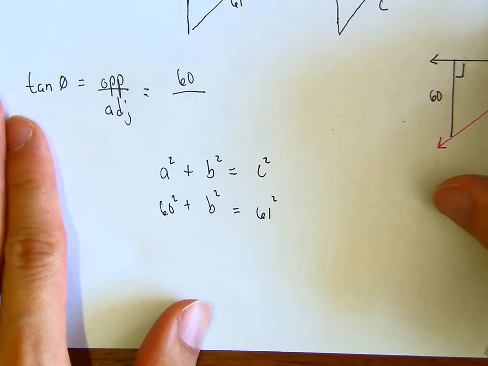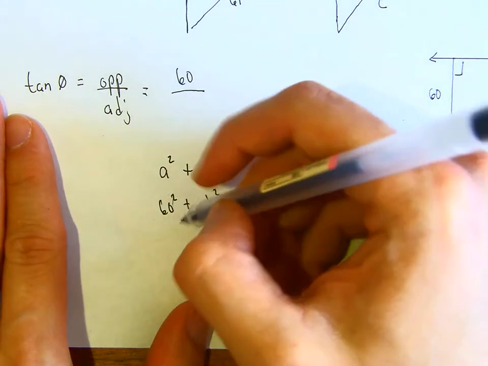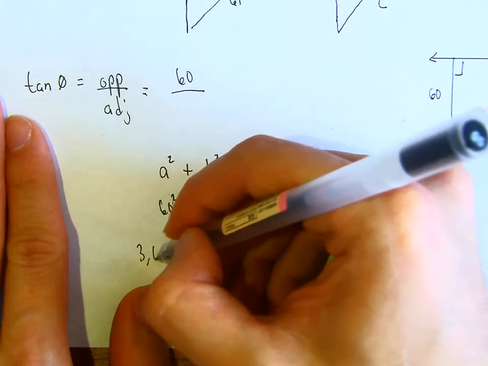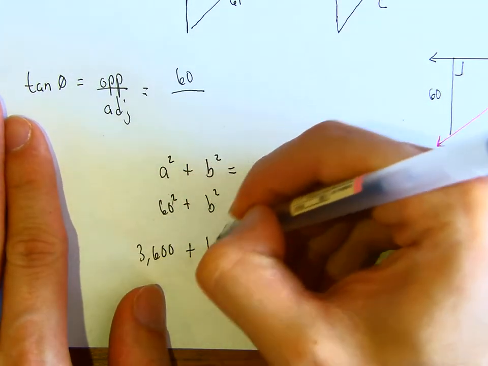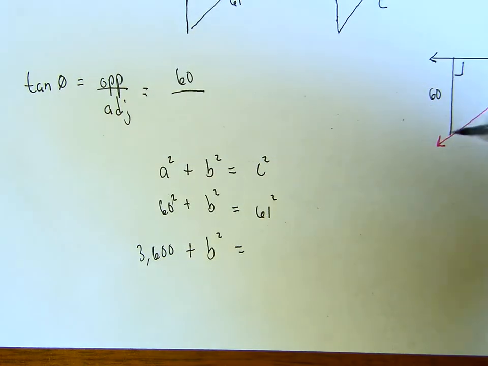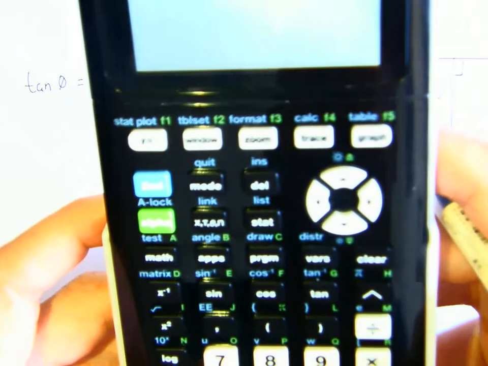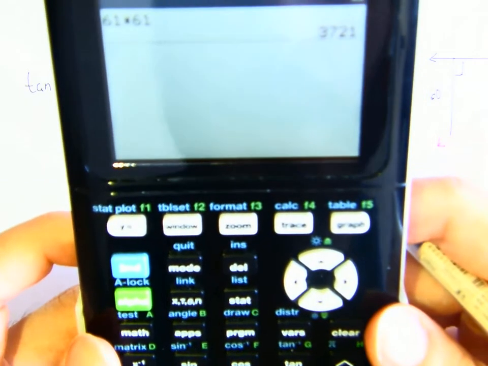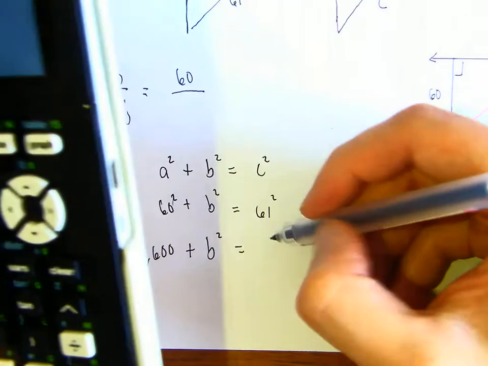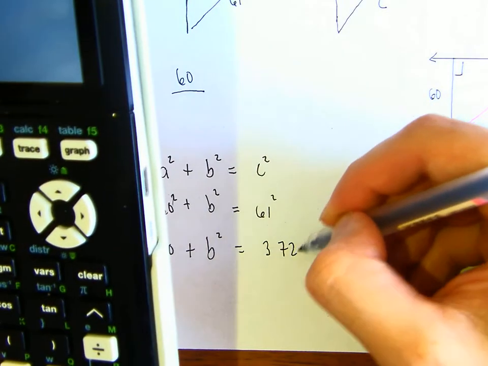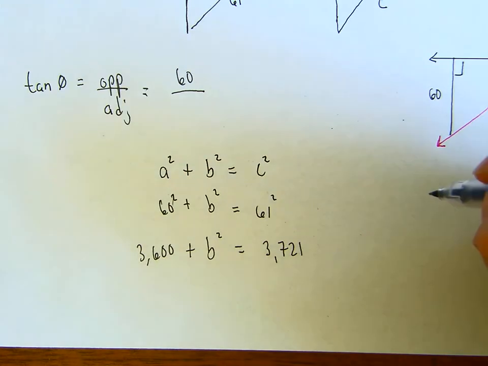Okay. Now here, let's see, what's 60 squared? This is 3,600 plus B squared equals 61 squared. So let's see, 61 times 61 is 3,721. Okay. Now what do we need to do?